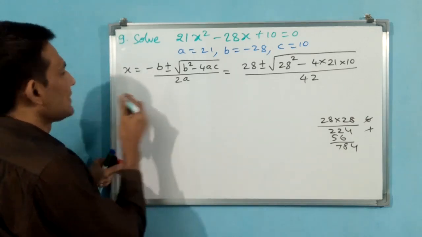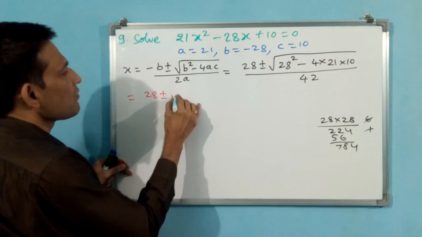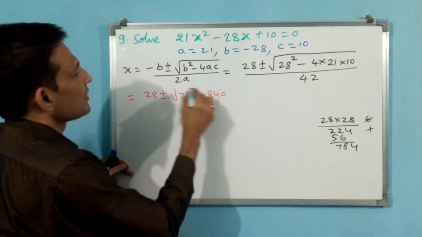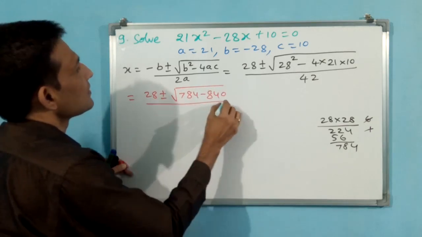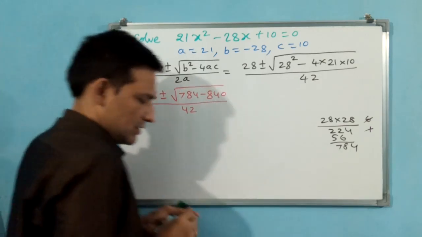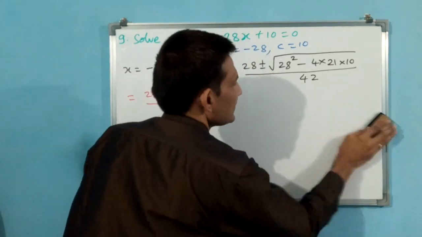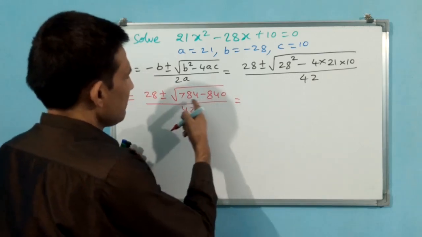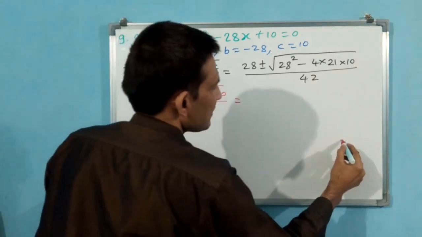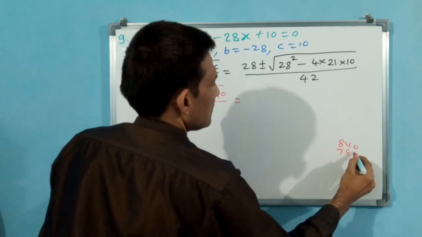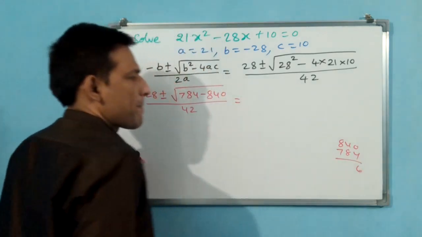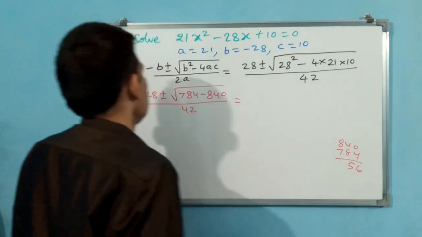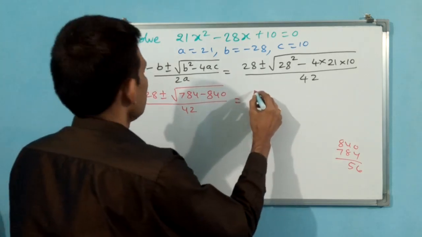That is equal to 28 plus or minus square root of 784 minus 840 by 42. Okay. You see, 784 minus 840 means how much it will come? 10, 4, 6, 3 will be there. 13, 8, 5. That's all. 56. That means minus 56 is going to come.